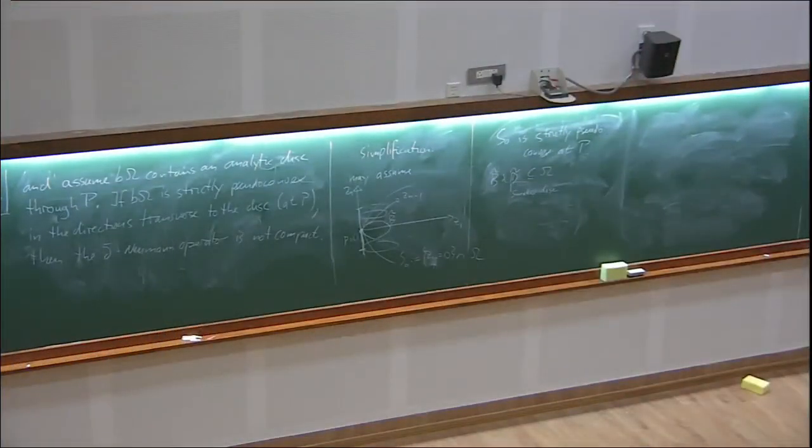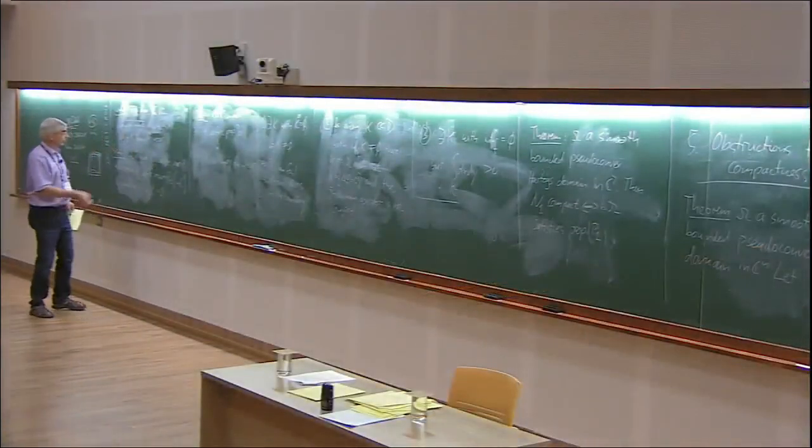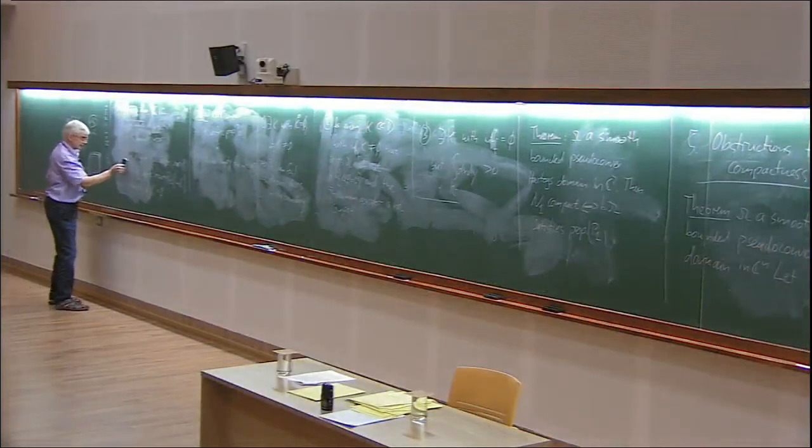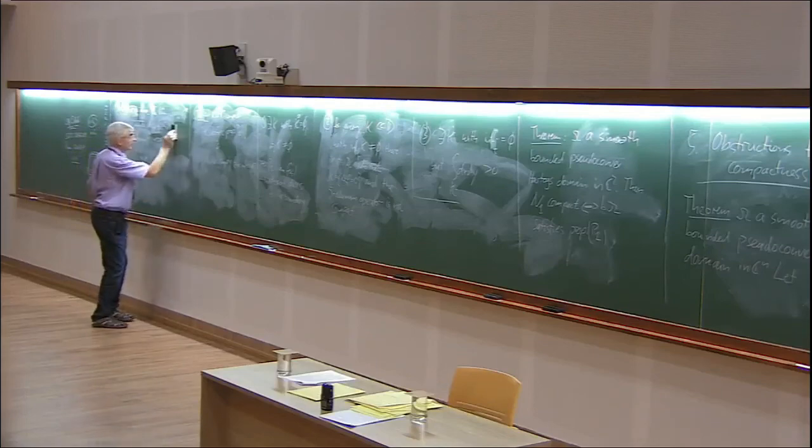The key fact, and that's the one I mentioned where making things flatter goes in the wrong direction, is the following fact, which I'll list and then we can finish for today.